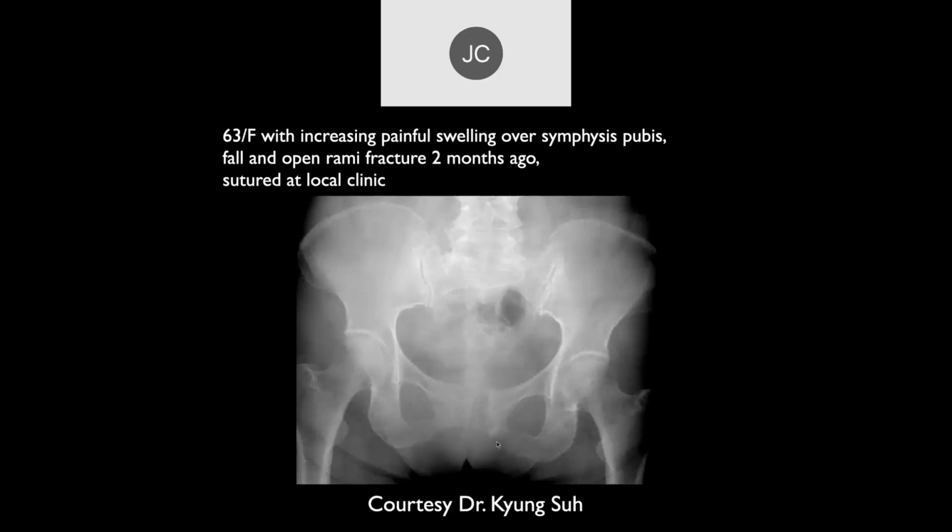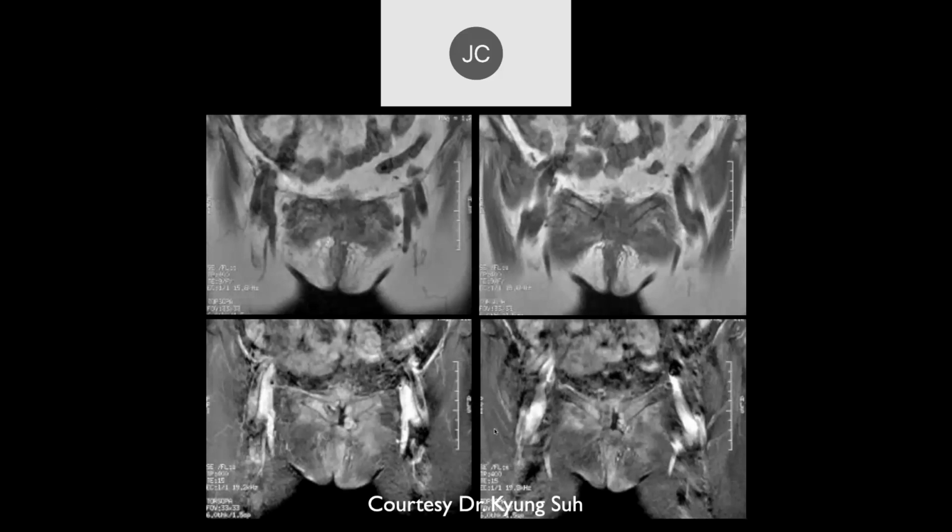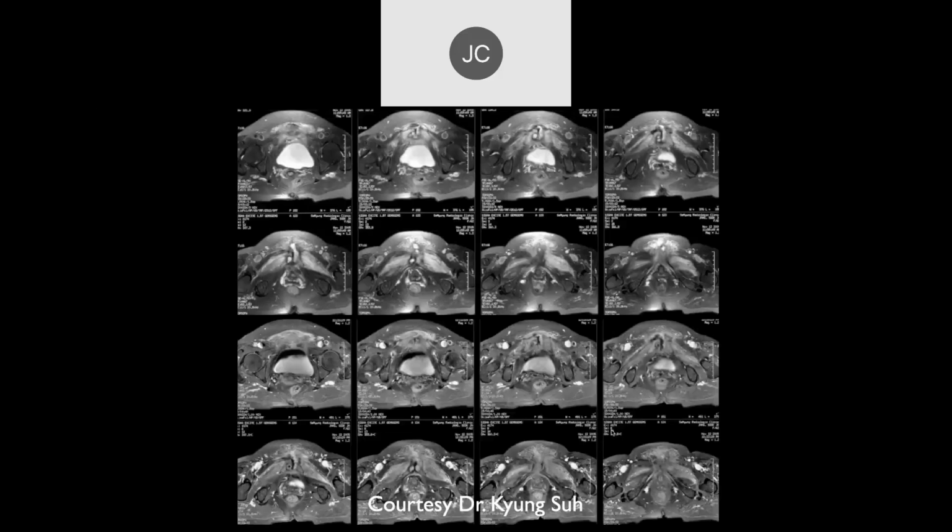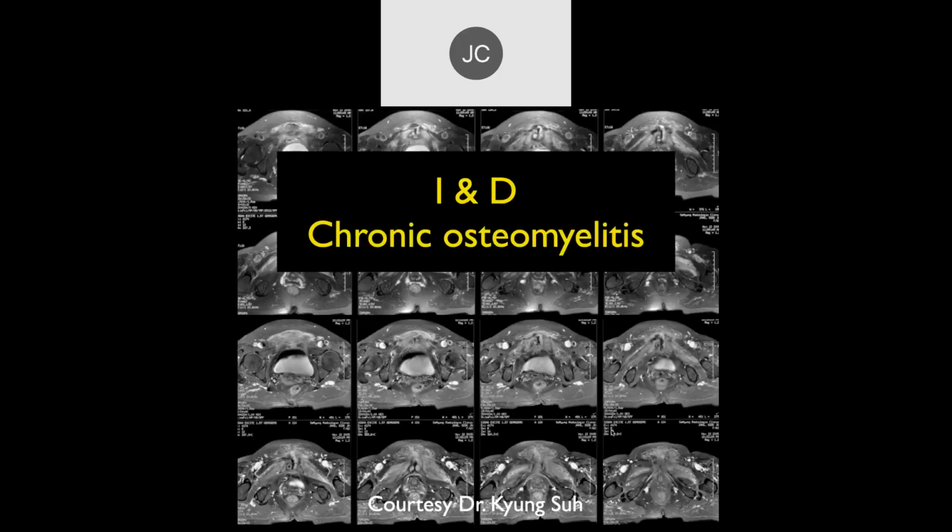A little sclerosis here too. MR shows marked edema surrounding the pubic symphysis and all around the surface, soft tissues as well. They did an I&D and it showed chronic osteomyelitis.